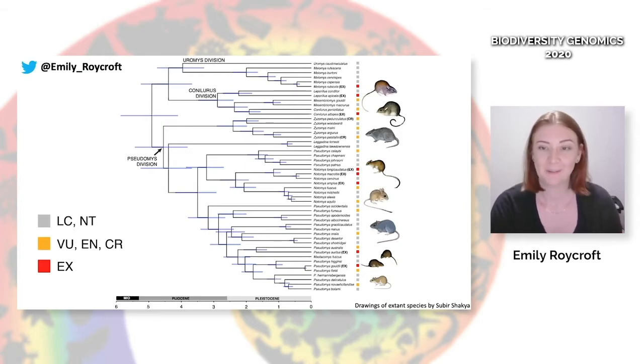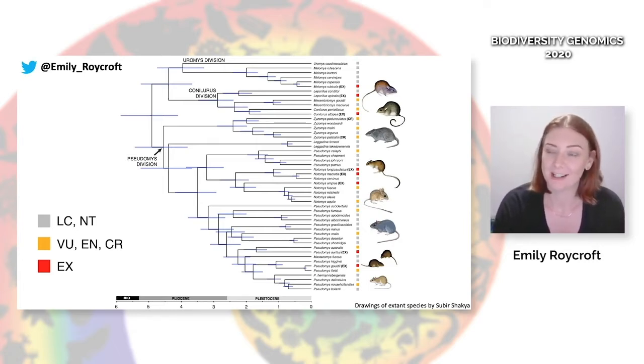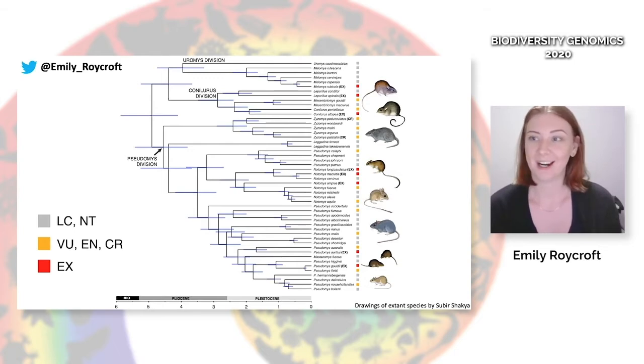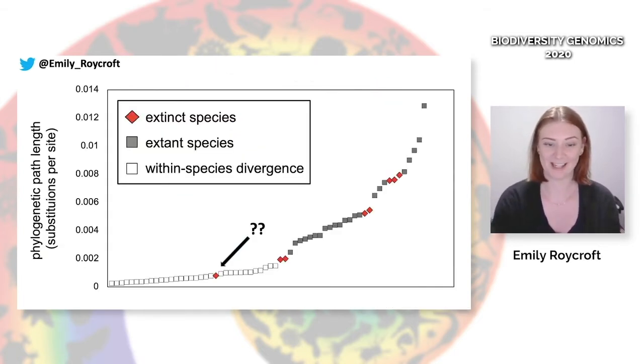And another brief anecdote from this data that I want to share, if I have time, is that we can also use genomic data to reconstruct the phylogenetic relationships of both extinct and living species. I want to highlight one brief little example from these data.